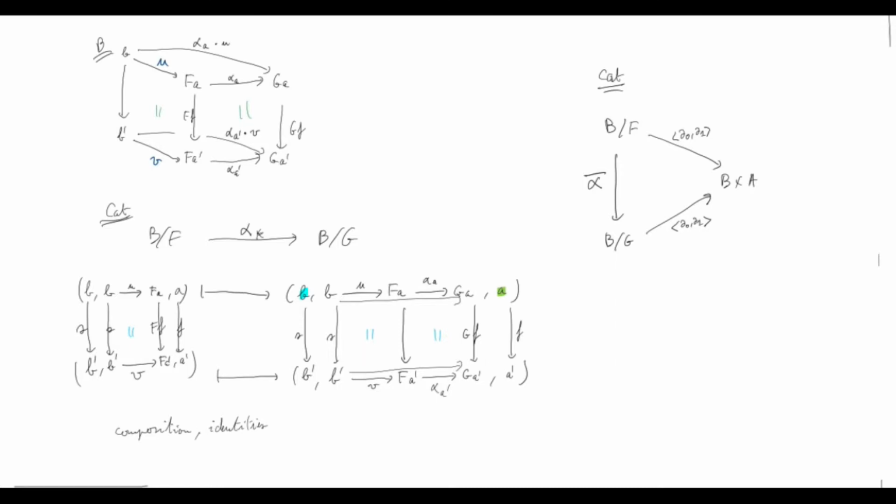That is, we start from some triple in B over F, and we look at the indices B and A. We will land on the same indices if we first apply our alpha star, and then we forget the middle component. We start from the same pair (B, A), and we arrive at the same pair (B, A). So this triangle commutes.